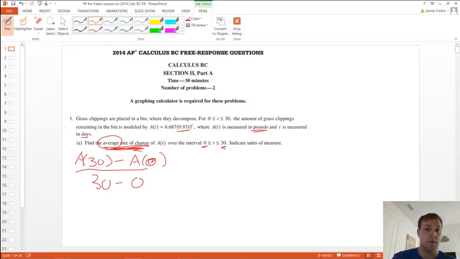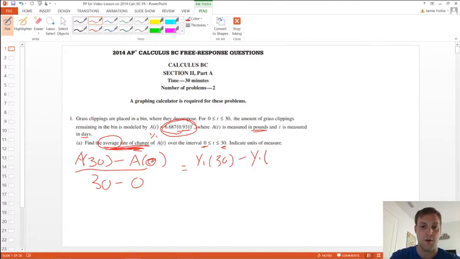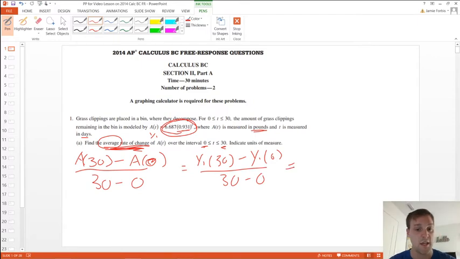And I typed this in the calculator. So this is calculator active, I actually plugged this function in for y1 into my calculator. So then on my calculator, all I typed in was y1 of 30 minus y1 of 0 over 30 minus 0. I typed it in just like that and didn't worry about it from there, and I got negative 1.97.